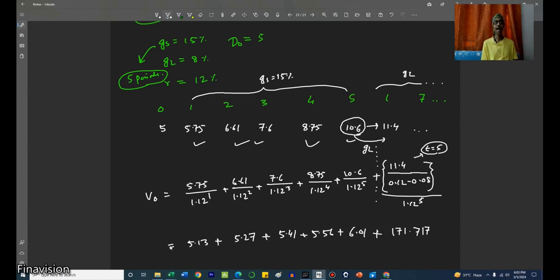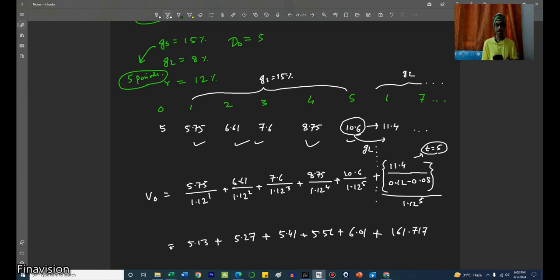We can just add all of this up to get the V0. Finally, V0 is, sorry, this is 161, guys, 161.717.